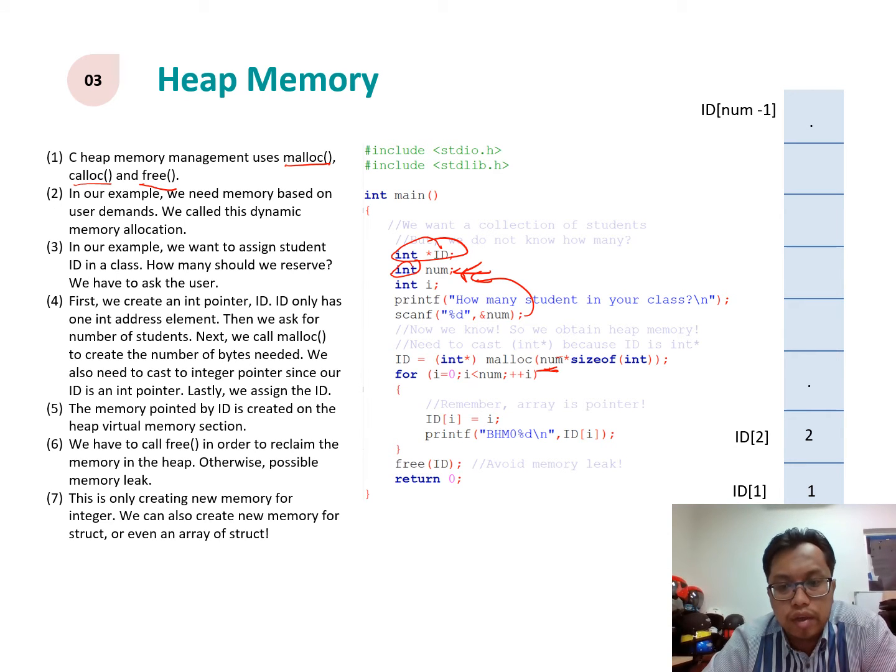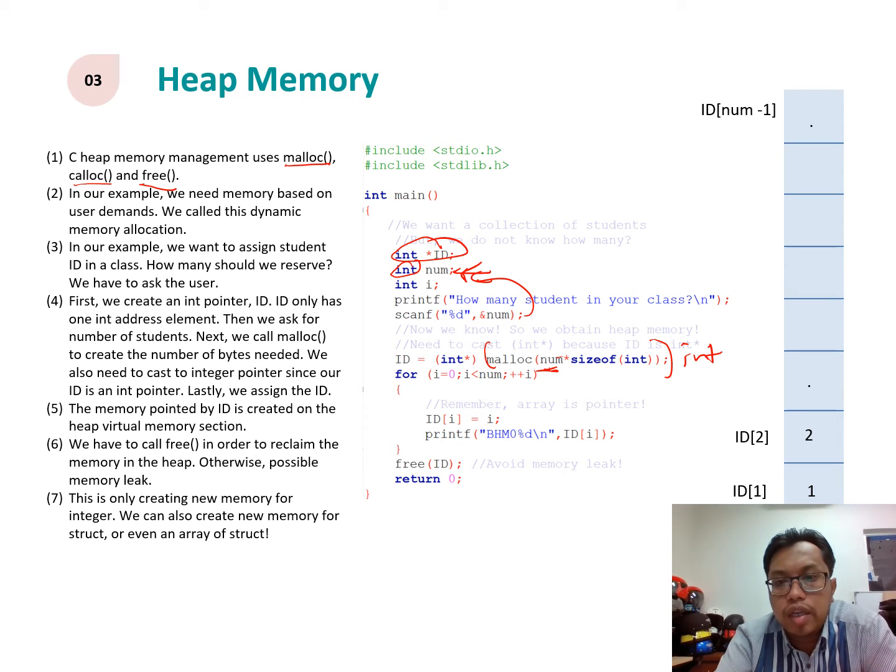I think you have learned this already in your previous programming class. What you have to do here is put a bracket, int star. This indicates that all these values here, which are still integer, will be converted into a new type called integer pointer, int star.